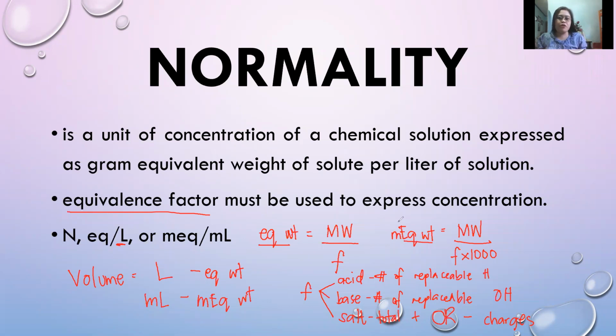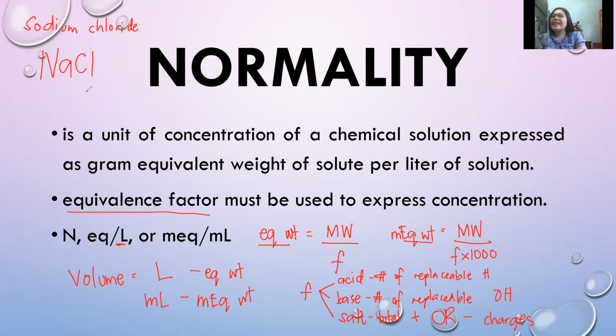So let me give you an example of a salt. We have sodium chloride. If you write the chemical formula of sodium chloride, it's NaCl. It's neither an acid nor a base. You cannot see hydrogen, and you cannot even see OH in its formula, so automatically this one is a salt.